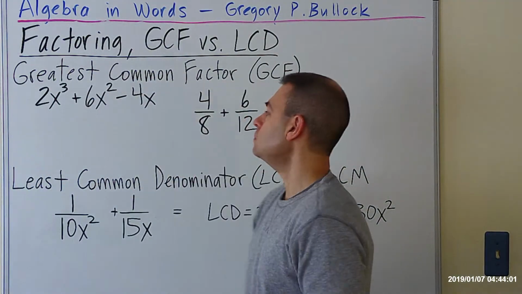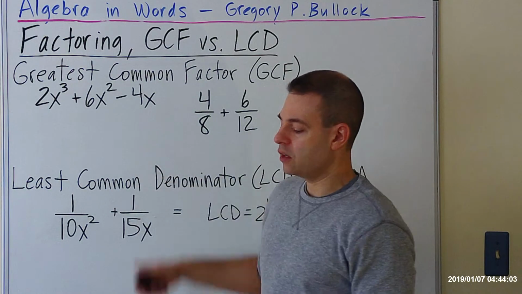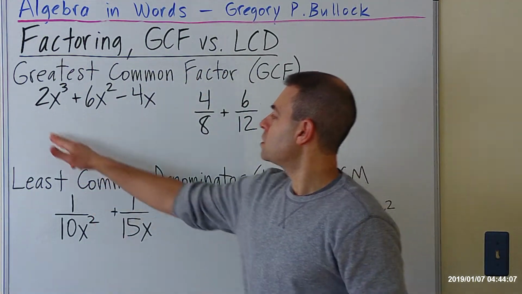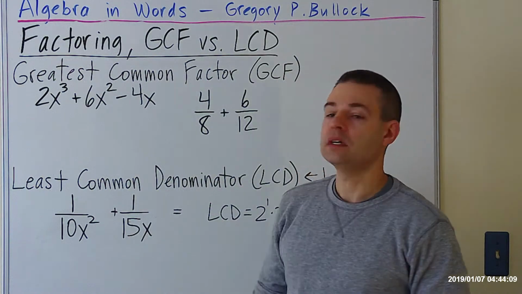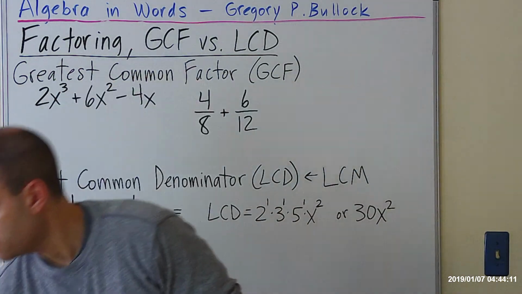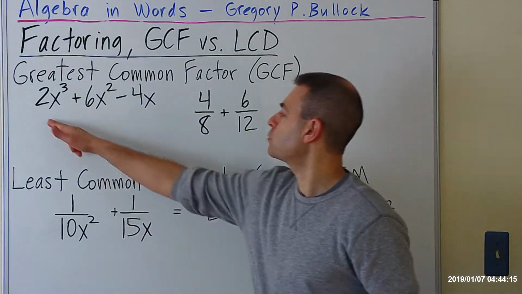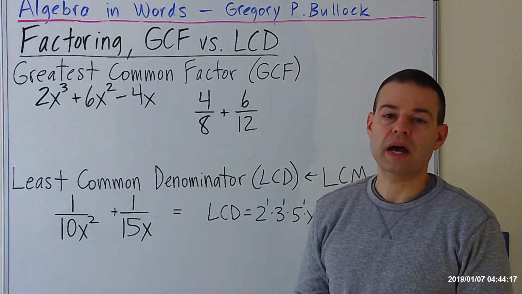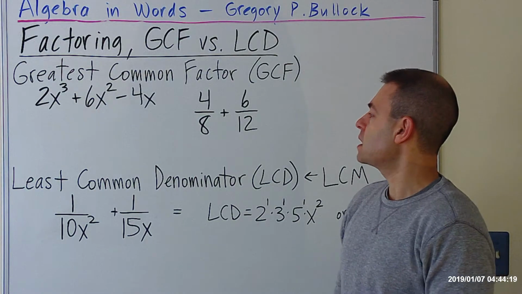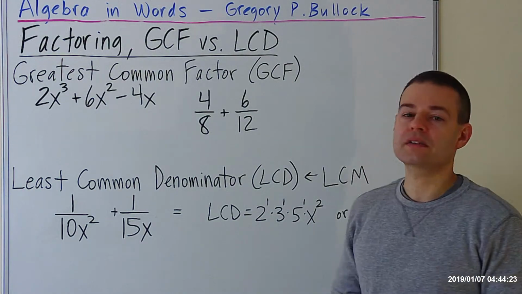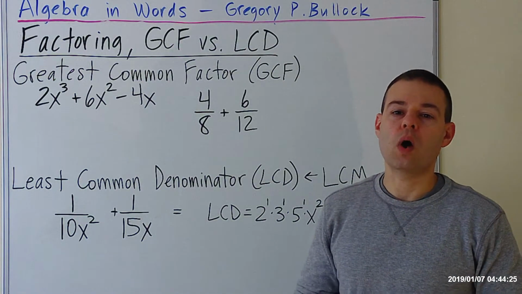Let's go to this trinomial and ask, is there a greatest common factor among these terms? And the answer is yes. The greatest common factor of these terms would be 2x. As I said, we call that the greatest common factor. It's also the greatest common divisor. Why?